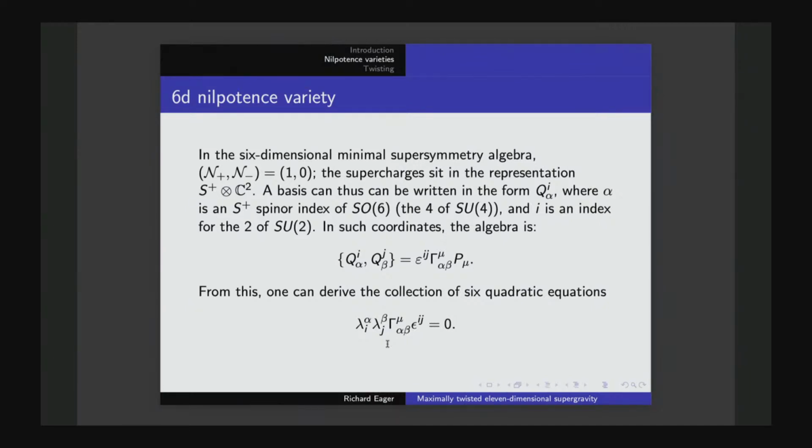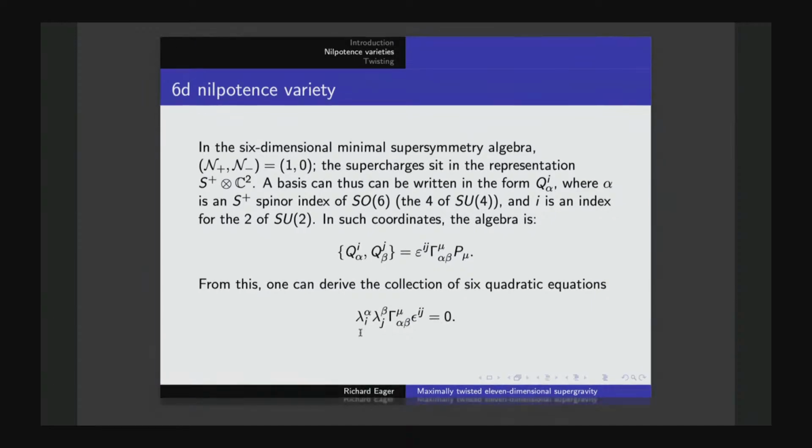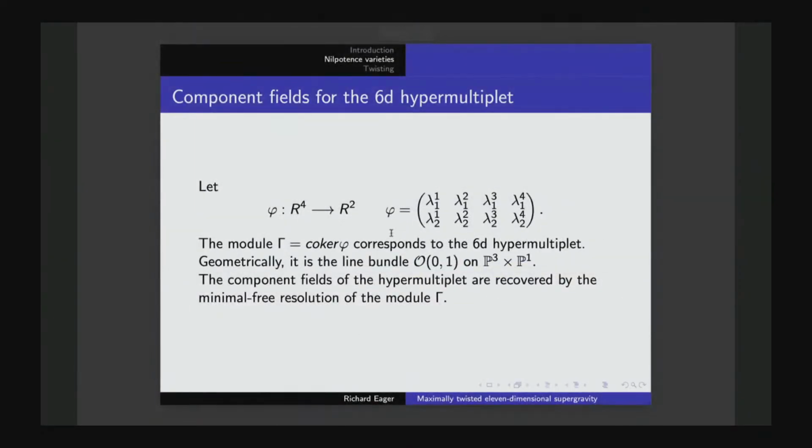It is basically the vanishing locus of a 4x2 matrix, which is this matrix phi. These 6 equations you can view as the 2x2 minors of this matrix phi. That's what's called a determinantal variety, and its projectivization is P3 times P1, which is the nilpotence variety. This matrix phi can be used as the map for a free presentation of a module.